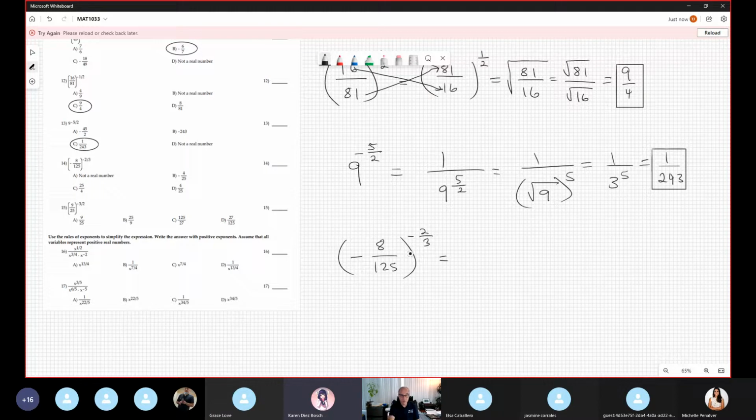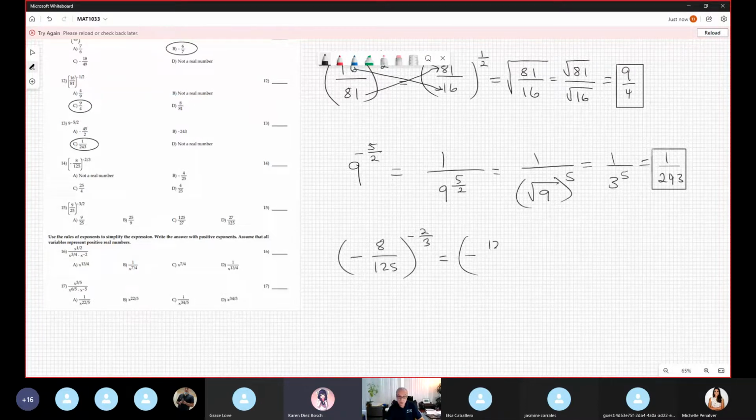Negative in the exponent, negative in the base. So I don't know how we can start, no? We always start with the conversion of negative exponent to positive exponent, always. So it's easy. Look at that.